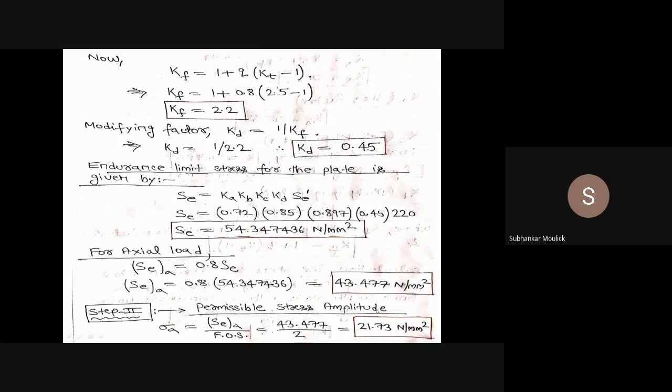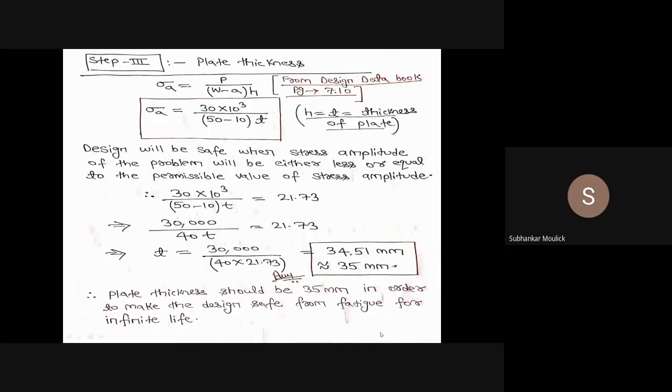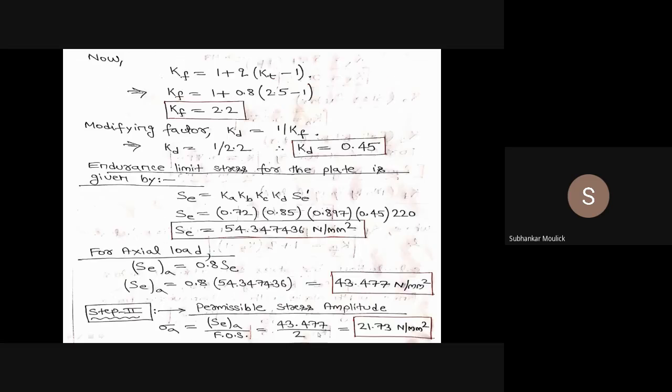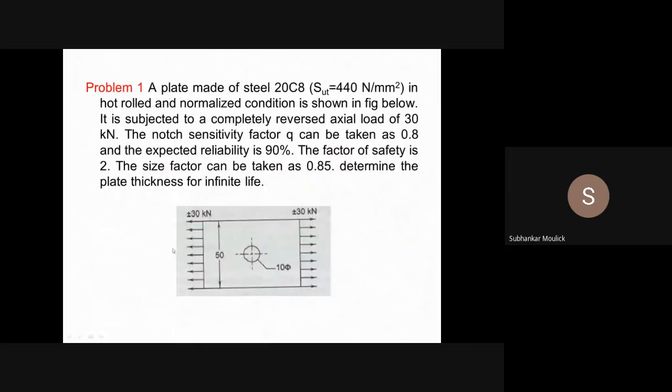Now this permissible stress value should be greater than or equal to the amplitude stress value for this particular component subjected to stress concentration. For a rectangular plate with a central hole, we know that KT is sigma max by sigma nominal.